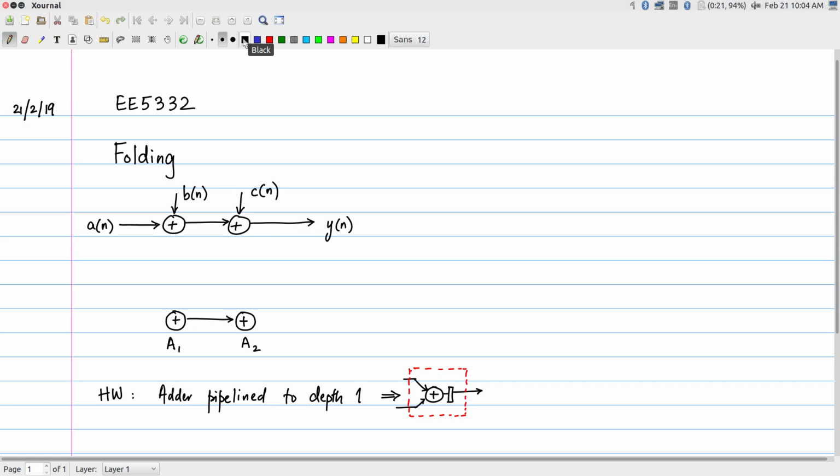Since I have already assumed that there is a register at the output, I'm not really going to bother with talking about a critical path as such. I'm just going to say basically that this adder has a latency of 1 clock cycle and an initiation interval of 1 clock cycle.